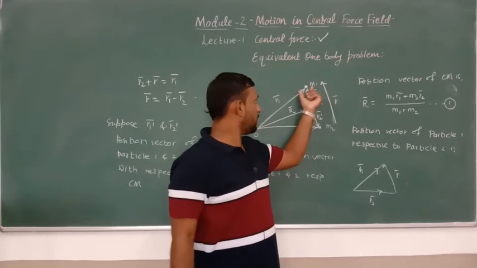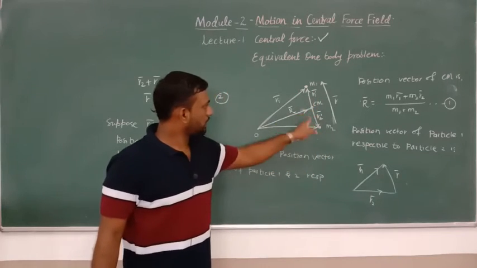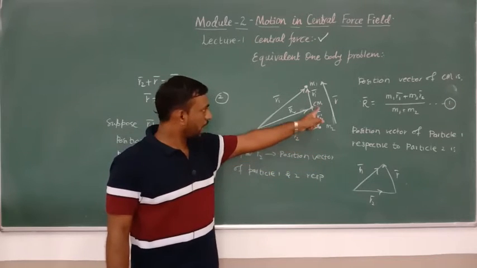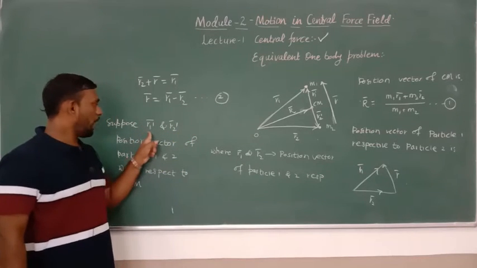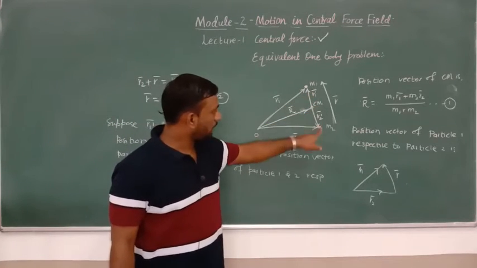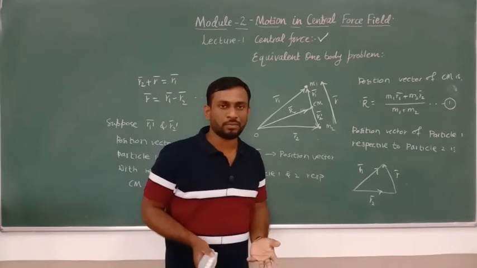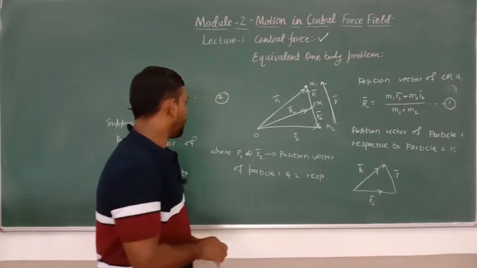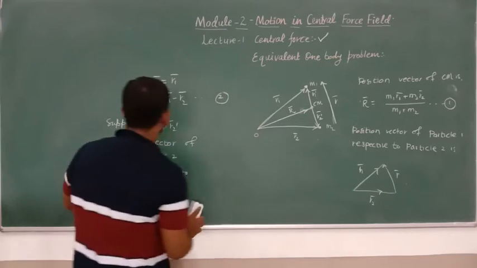After that, we assign the center of mass at a certain point between m1 and m2, and r1 prime bar and r2 prime bar are the position vectors of the first and second particle with respect to center of mass. So we are just changing the reference point, the starting point.